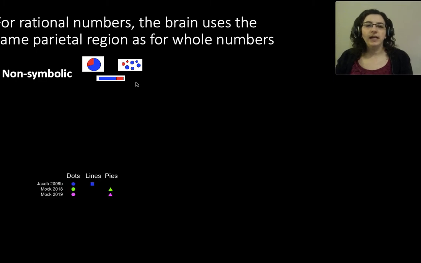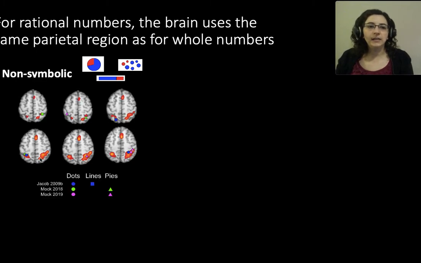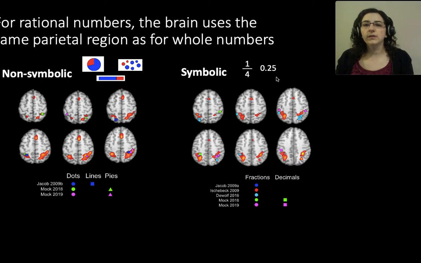And what we find is in orange and red here are the parts of the brain that are used for whole numbers, and we've got dozens of studies showing that. And we have just 3 studies that have looked at non-symbolic comparison, and they all tend to find activity in these similar parietal regions. And when we're comparing symbolic rational numbers like fractions and decimals, we also see activity.